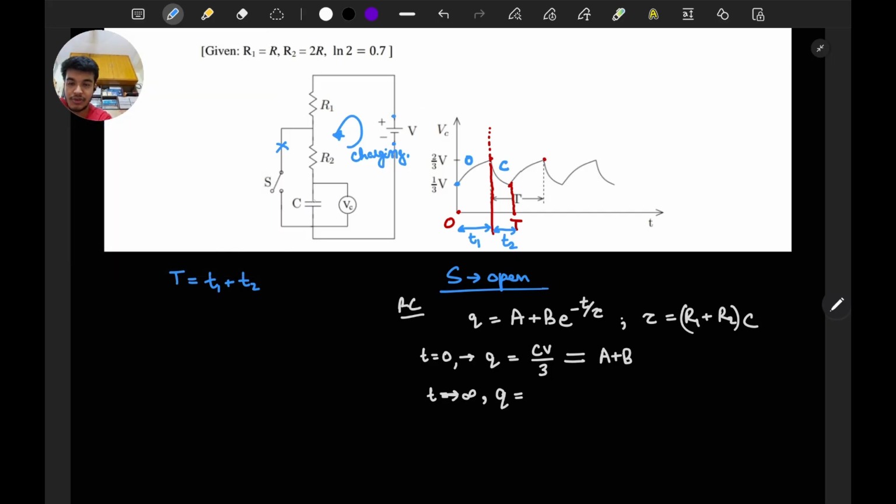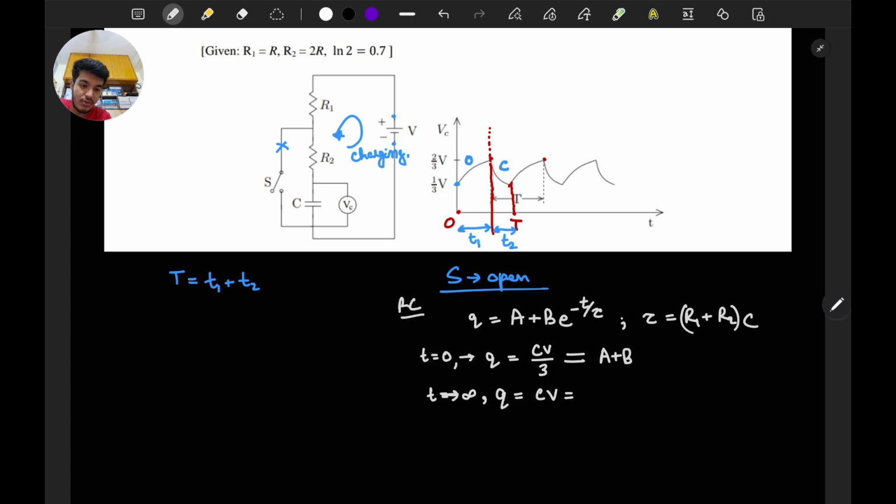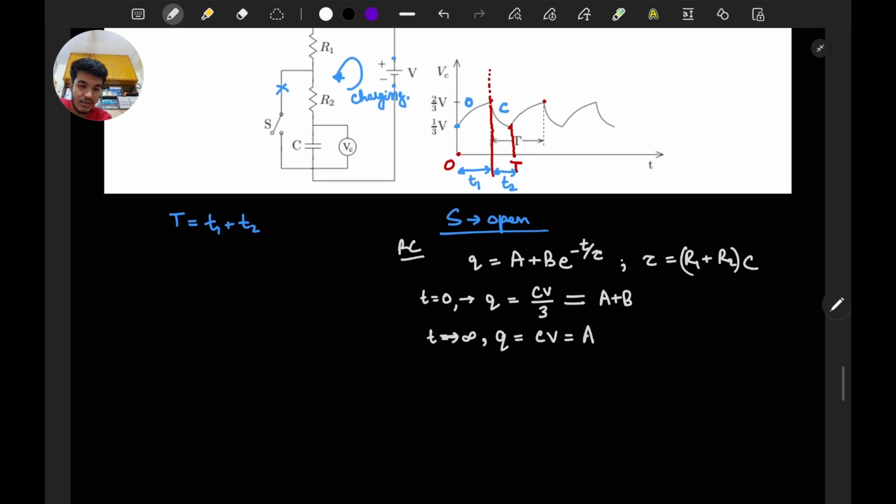It would have been across this capacitor, right? So this is basically CV, which is equal to A. So from here I can say B is minus 2CV by 3. So the expression of Q is CV minus 2CV by 3 e power minus t by tau.